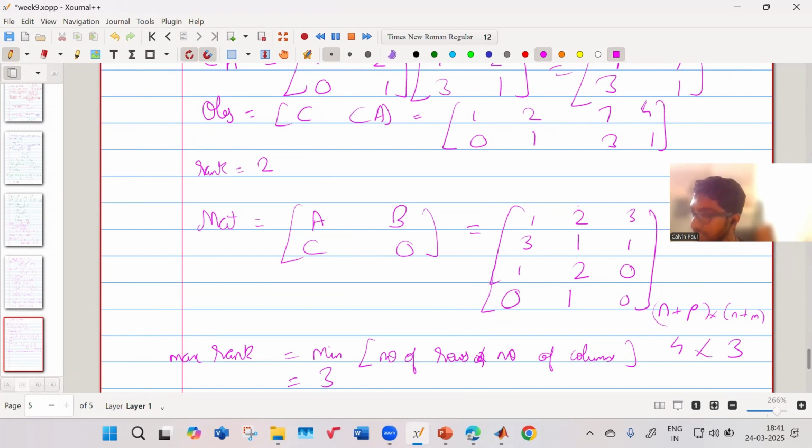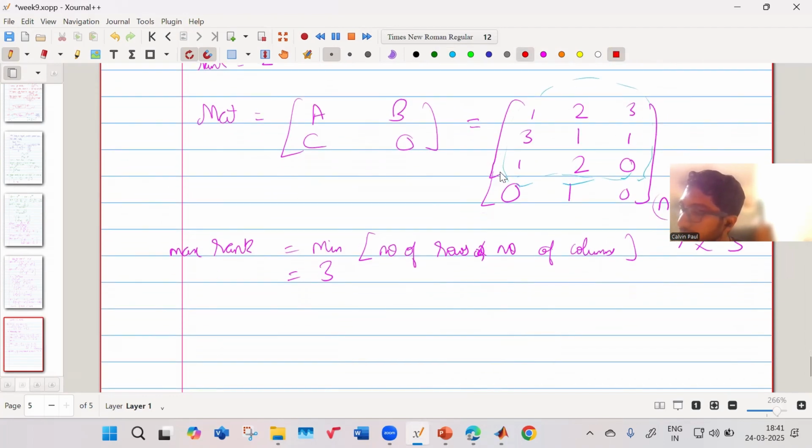Now, if it is 3, what we have to do is find this determinant. Let us find the determinant of 1, 2, 3, 3, 1, 1, 1, 2, 0.